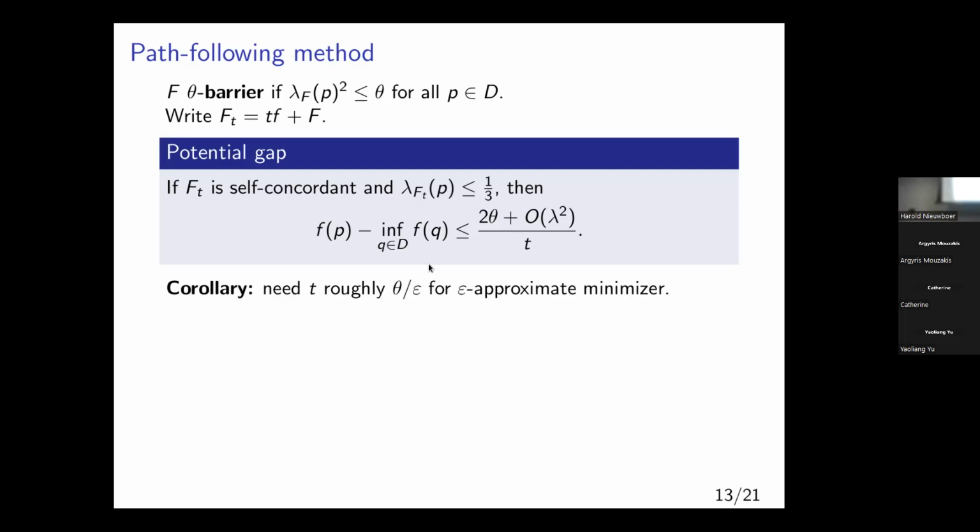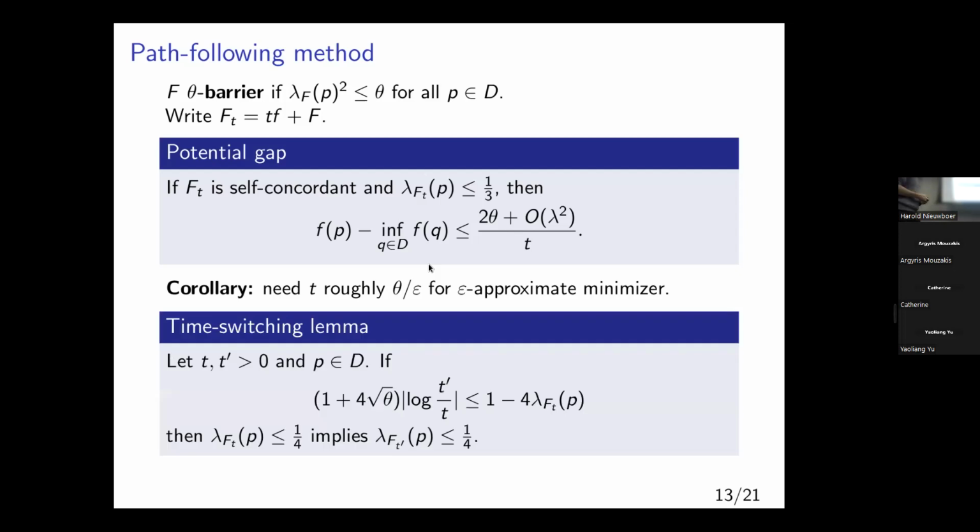Now, of course, we have to follow this. In this path following method, I said increase the time slightly, but that's a vague statement, so I should also give a bound on how quickly you can increase this time. It turns out there's a funny looking statement that you can call a time switching lemma.